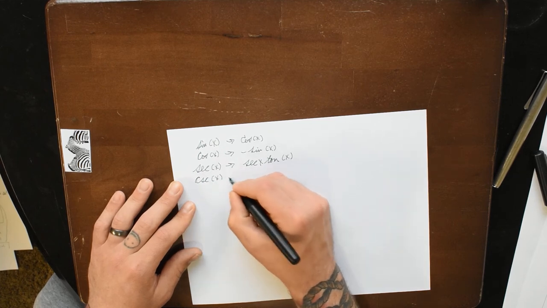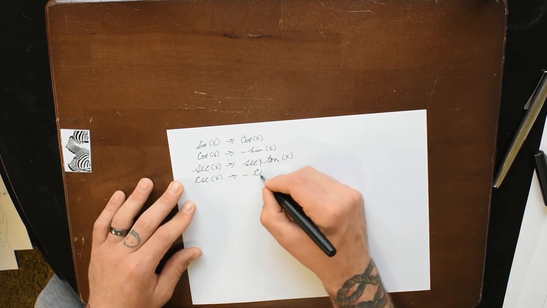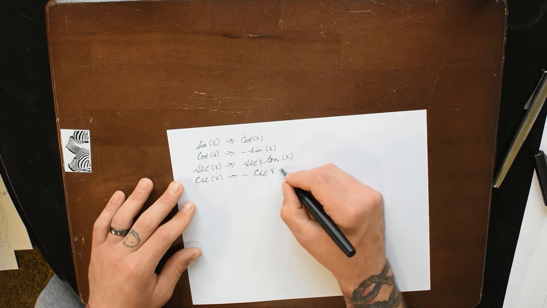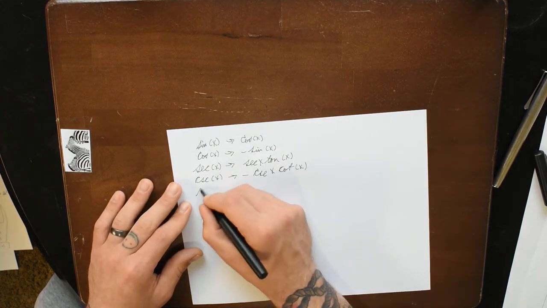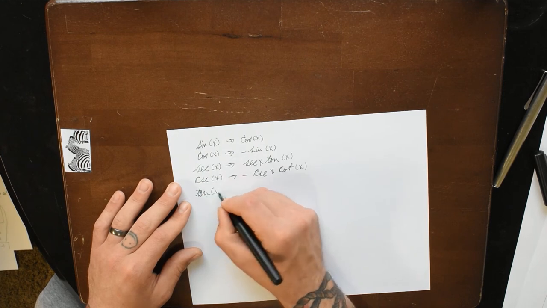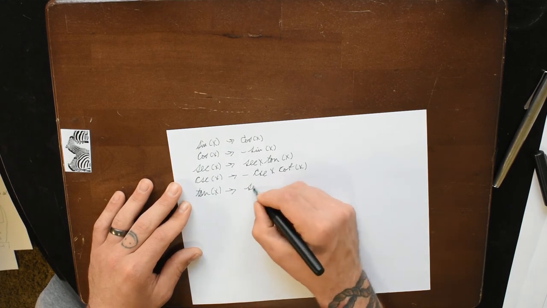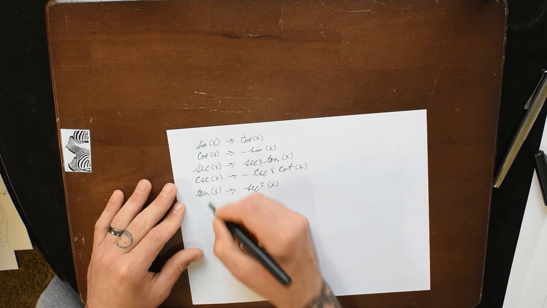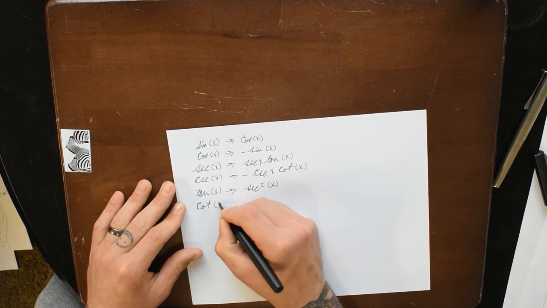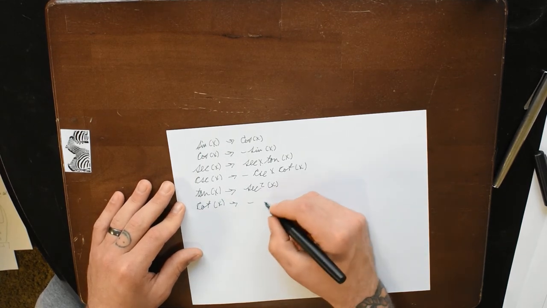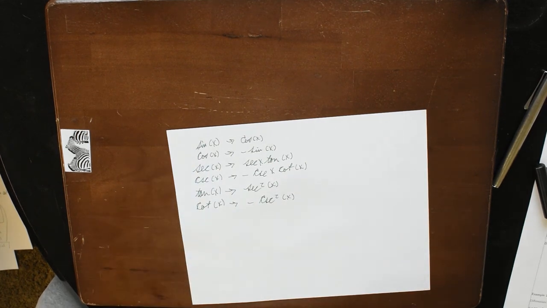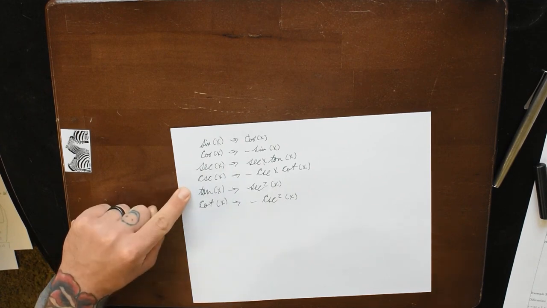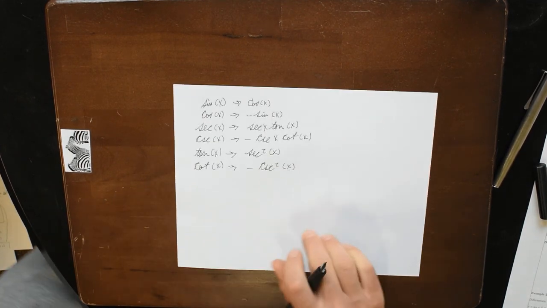Cosecant of x goes to negative cosecant of x cotangent of x. Tangent of x goes to secant squared of x, and cotangent of x goes to negative cosecant squared of x. Tangent squared, yeah, perfect. That's why they pay me the big bucks.